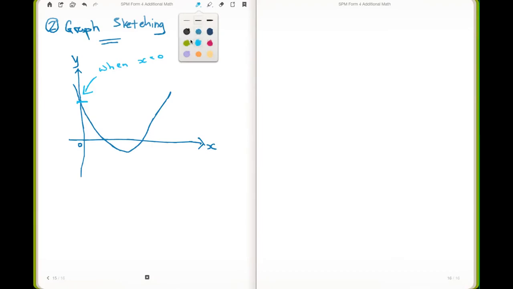Also, next we will have this part and this part, and in order to get these two values, x1 and x2, I would name it, is when y equals 0. Third thing is, how do you get this turning point?